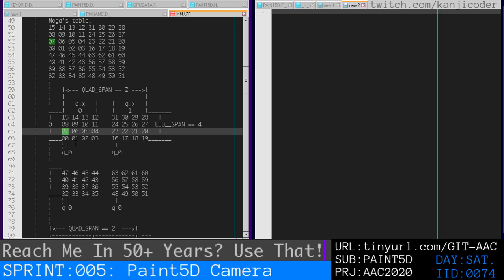For the next row up, we're going to take 1 times the stride of 4. That gives us 4. And the first one is 4 here. It's just flipped, etc., etc. Okay.